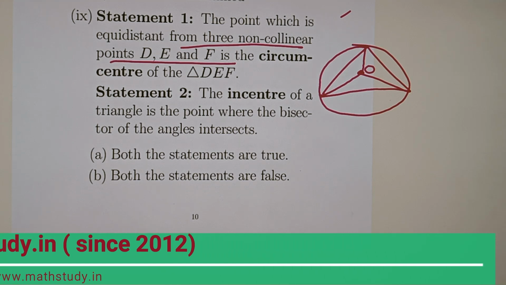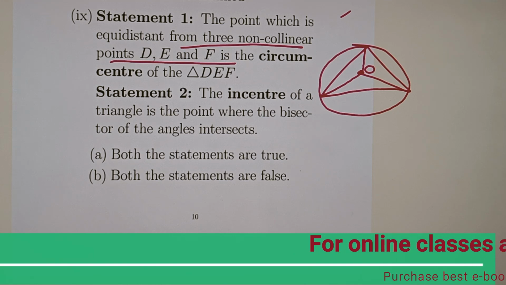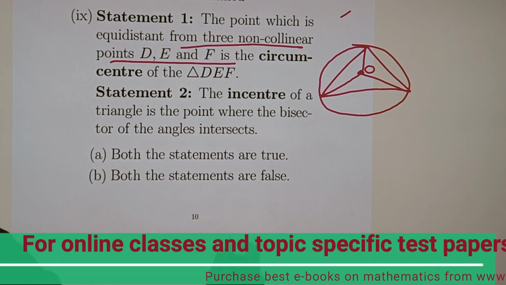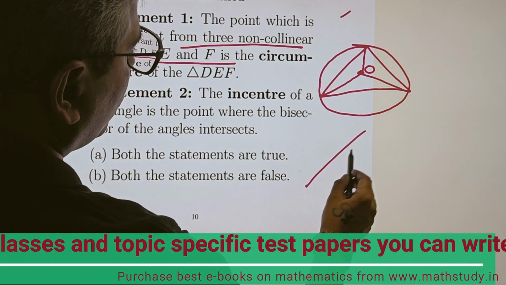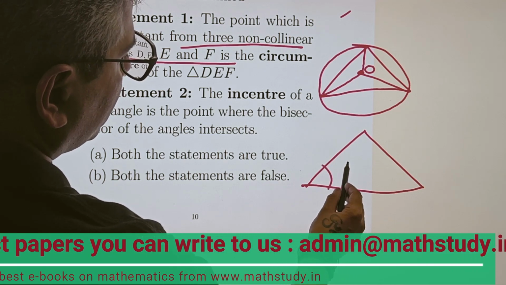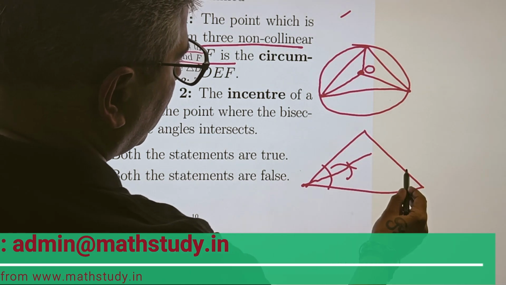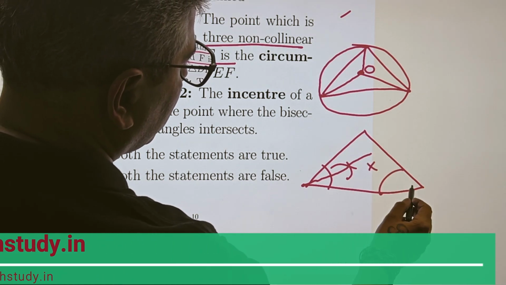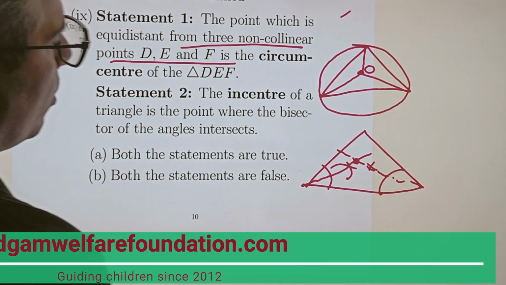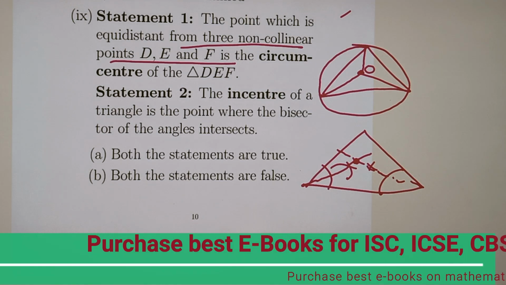So statement 1 is correct. Now let's understand statement number 2. Here it states the in-center of a triangle is the point where the bisectors of the angles meet. So if we bisect this angle using a compass, and also bisect this angle, this is the point O, which is the in-center.